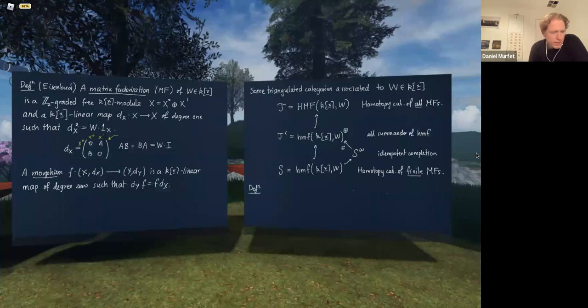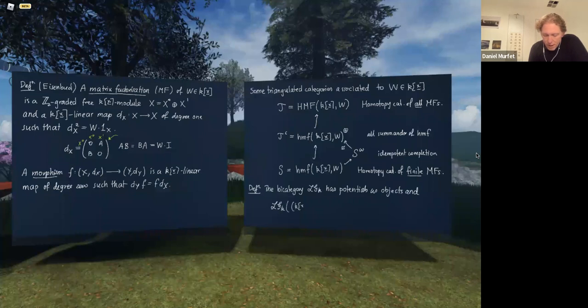With this on the board, I can define a bi-category, so a sort of weak 2 category. The bi-category LGK has potentials as objects. And I need to specify a Hom category.